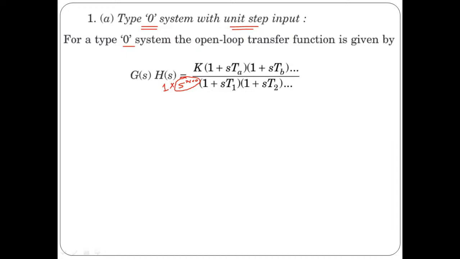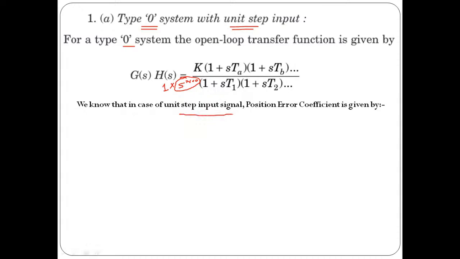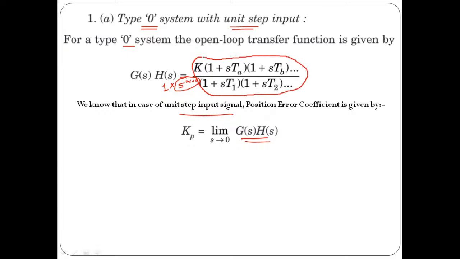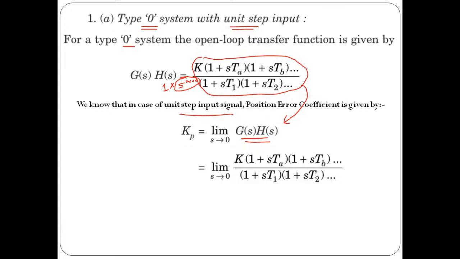Now we know that in case of unit step input signal, we have Kp. It is given by limit s tends to 0, G of s into H of s. So we will replace this G of s into H of s by this particular expression. And if you try to solve this limit by putting s equals 0, you will get Kp equals K.